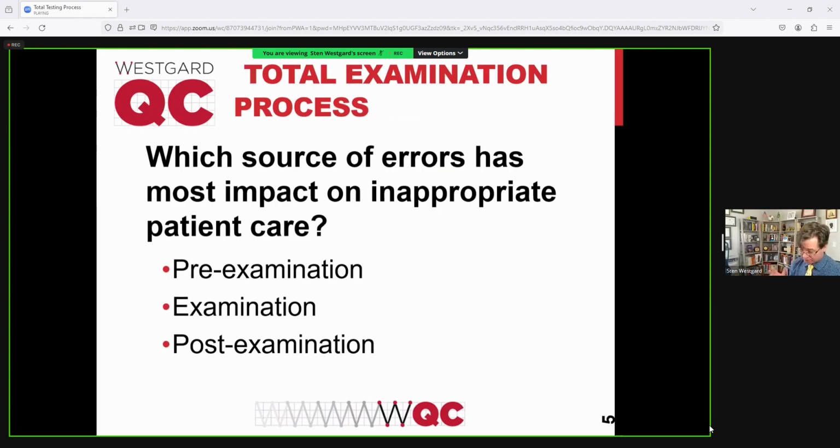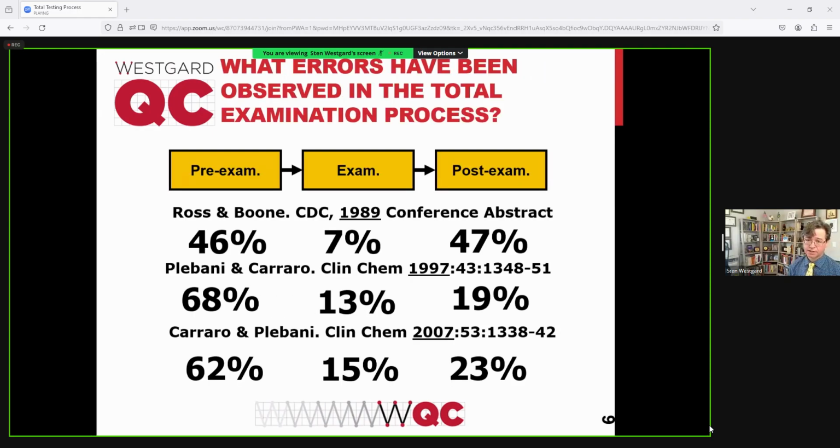Of these various parts of the brain-to-brain loop, what is going to have the most impact on inappropriate patient care? Do you think it's going to be pre-analytical, the analytical, or the post-analytical? The studies that have been coming out across the decades tend to give the verdict, oh, it's pre-analytical.